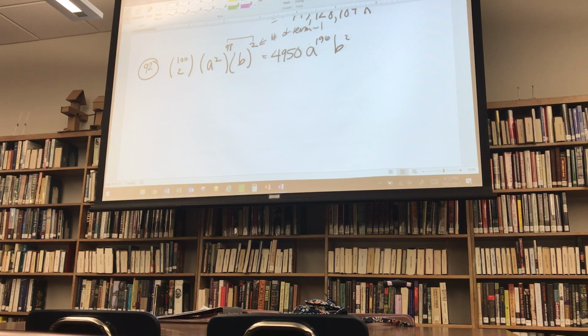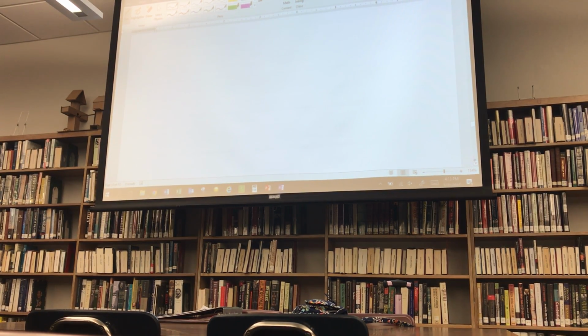Which one do you want? Either one. 94? Okay, so for 94, P, which is the constant, is 4. And the factors of 4 are 1s and 2s and 4s. Q is 16.